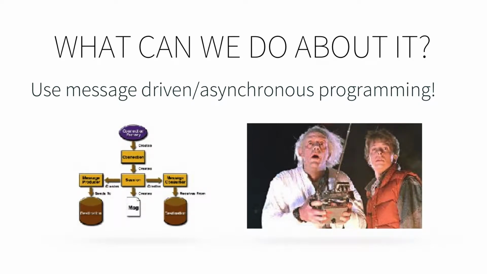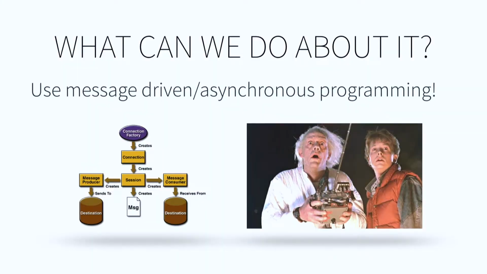The picture to the left is a description of JMS, and JMS was introduced in 2001, so that's how long it's been available. The modern version today, of course, is Kafka, if you could call it that. And the thing on the right is two things in one picture.